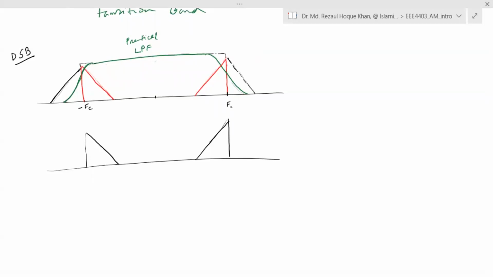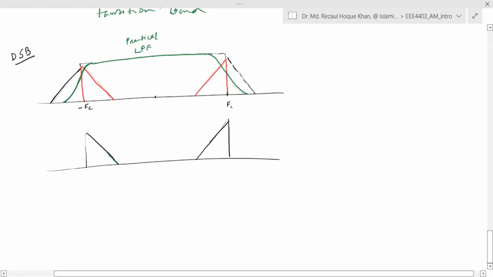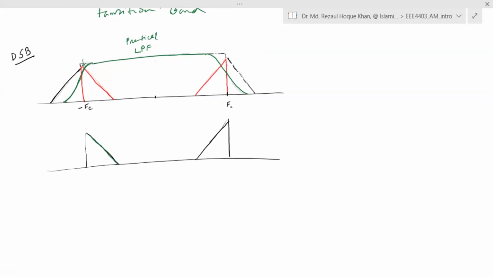Here this portion starts cutting, so here it will be like this. Same thing for this sideband, it will be like this, and here it starts like this. So this is how our lower sideband will look after passing through a practical filter.